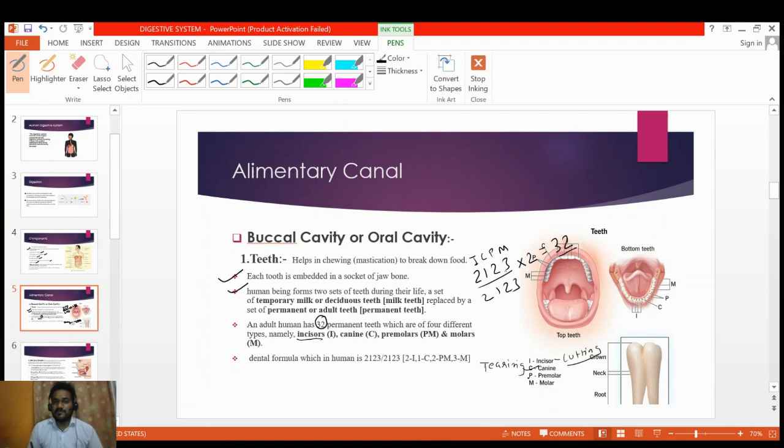Next to this, we have premolars and molars, responsible for grinding and crushing the food. Okay, grinding and crushing food. So this is all about the teeth region.